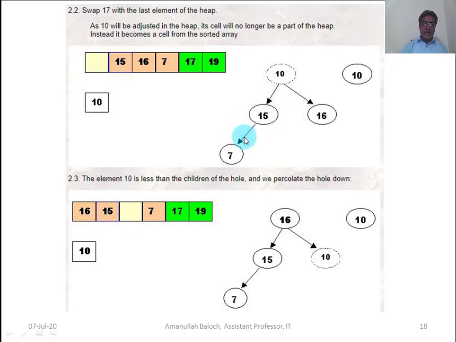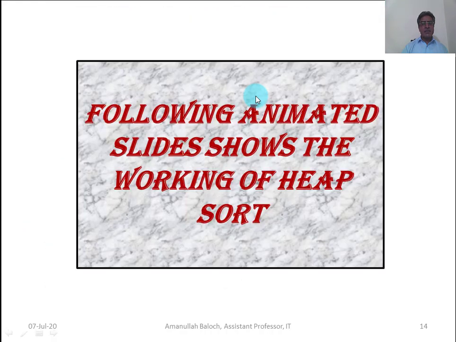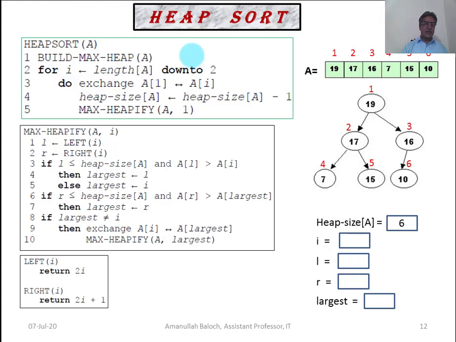As and when it exchanges the root element with the last element, the heap size is reduced, and the heap size becomes 4 from 5. This happens in the heap sort algorithm because every time it exchanges the root element with the last element of the heap, it reduces the heap size and calls the maxify procedure, since I have violated the max-heap property by putting a smaller value at the root.